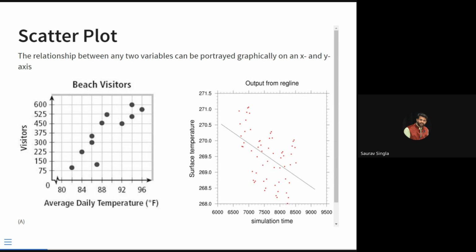Like if you have 100 flowers, then you can count how many of them are white, how many are pink, how many are brown or purple. That is how you are going to count them. So that is very basic: if something is countable, then it is discrete in nature.